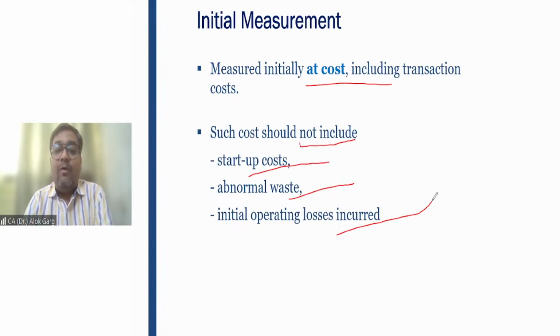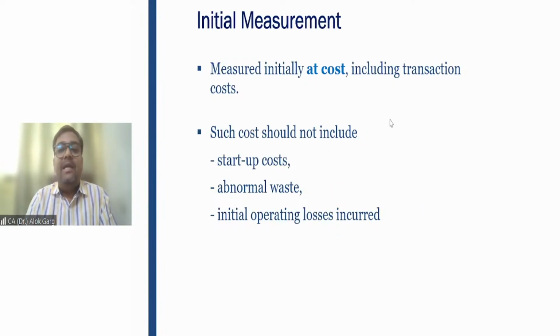Abnormal losses: while doing the construction of the building, 100 bags of cement get stolen, right? Or there was a labor strike, and due to which the company had a loss of, let's say, 5 crore rupees. That is an abnormal waste. It will not form part of investment property. It will go to P&L. Initial operating losses incurred, if the company has any, will also be recognized in the P&L. It will not form part of your investment property.